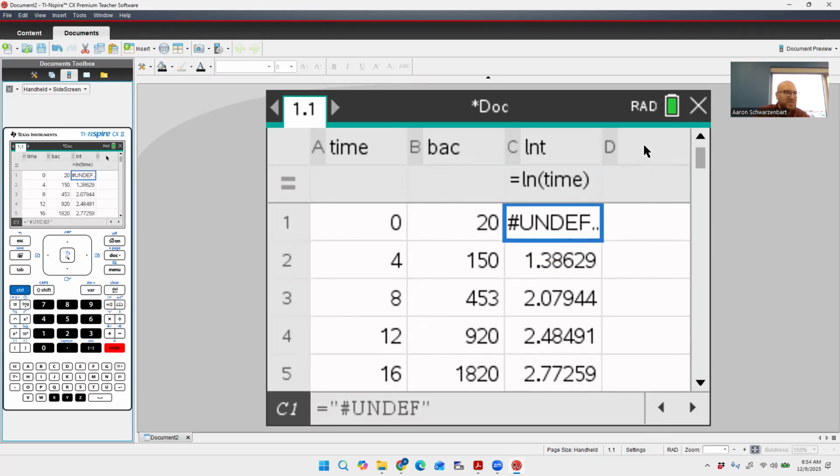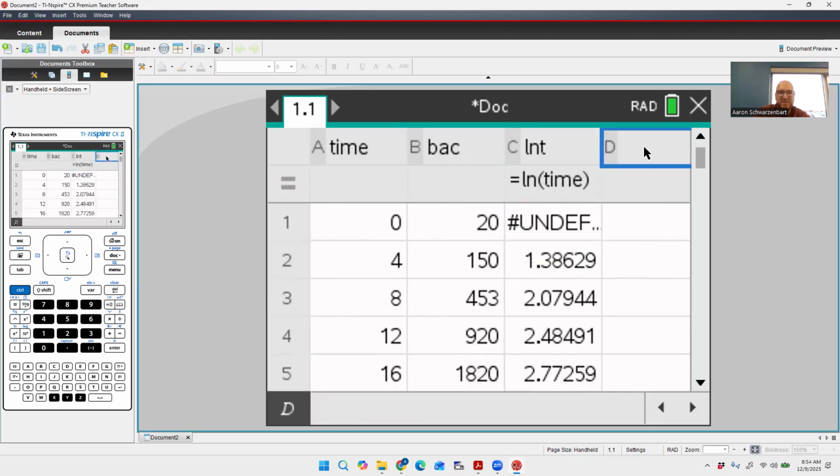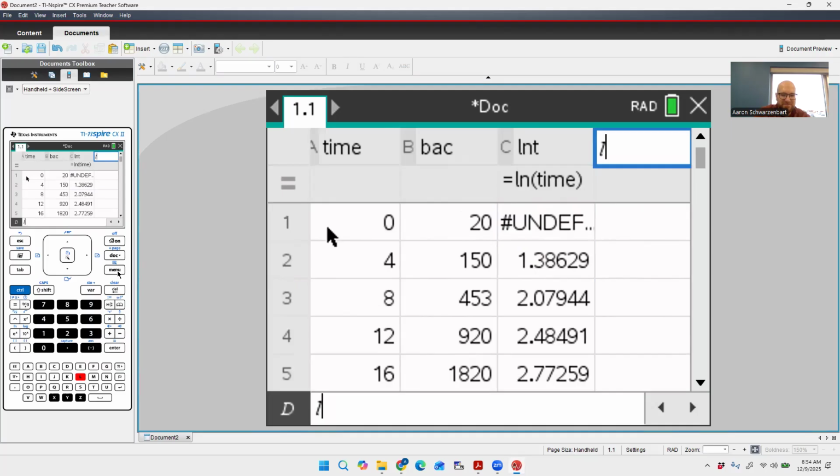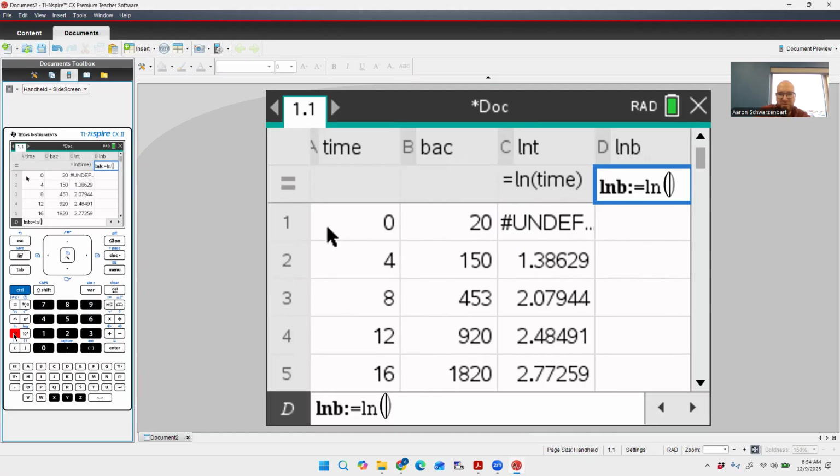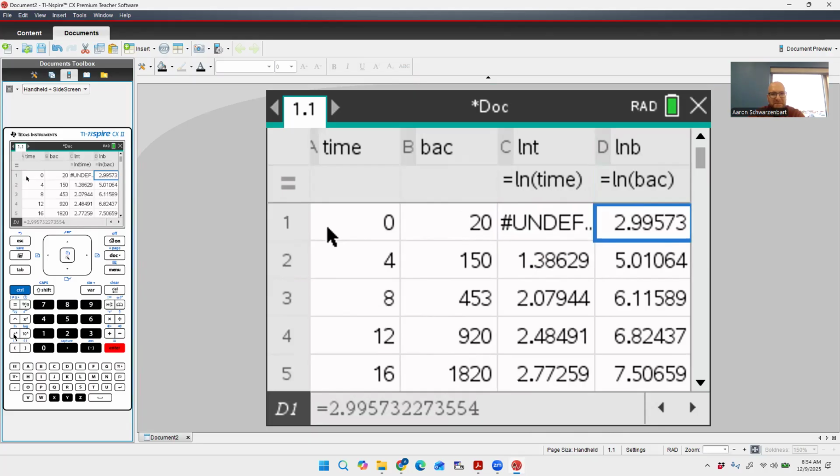That's not helpful when the first one is undefined. So in this formula column, I just put it in. Now, I know that logging with exponentials, logging the y-axis tends to linearize it.